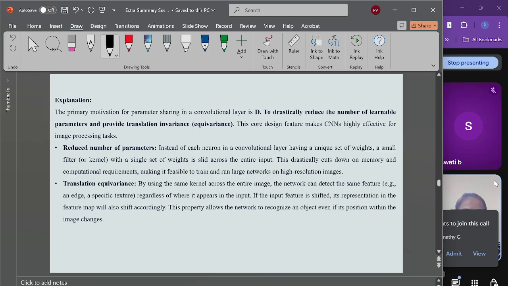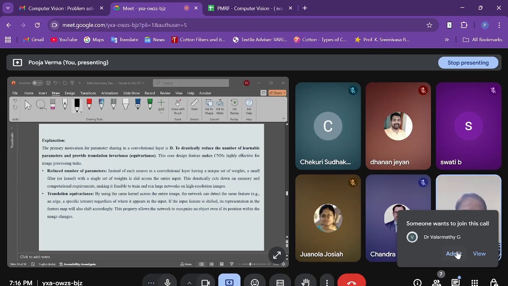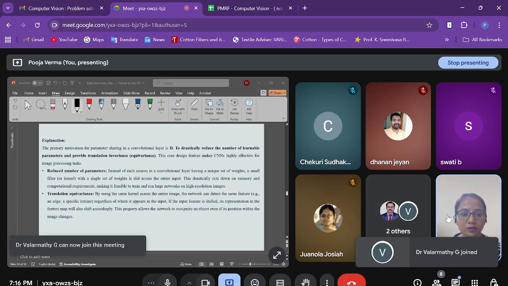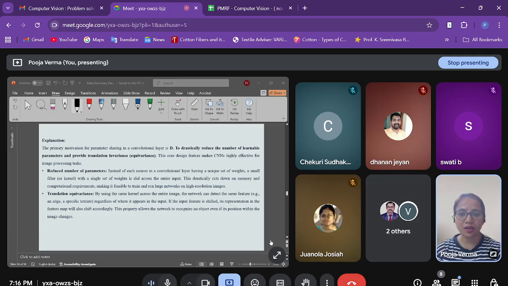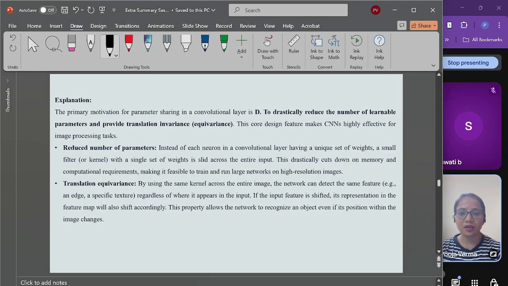And the next one is translation equivariance, right? By using the same kernel across the entire image, the kernel can detect the same features, for example edges and a specific texture, regardless of where they appear in the input. So if the input feature is shifted, its representation in the feature map will be shifted accordingly also.